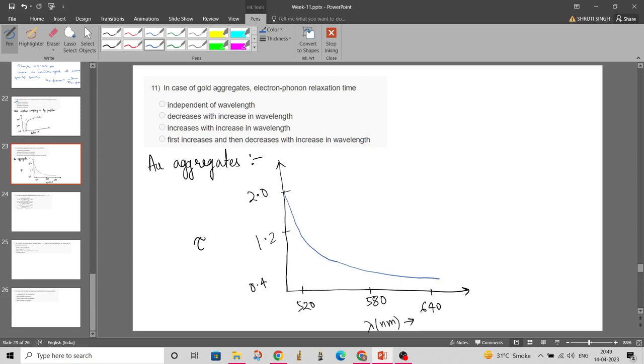Okay, so with the increase in wavelength, the electron phonon relaxation time decreases. It's not independent of wavelength, it decreases with the increase in the wavelength. So here you can see, as you go to the longer wavelength, there is a decrease.